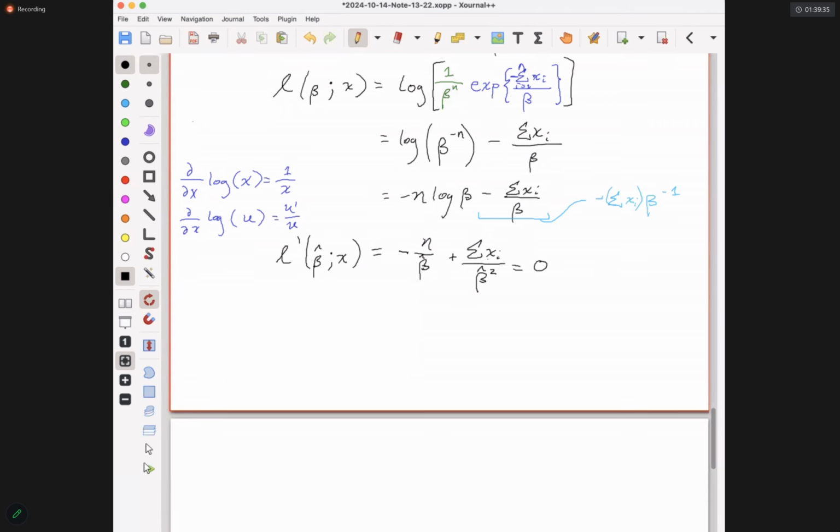And so we can add n over beta hat to both sides. And this gives us, write it this way, n over beta hat is equal to the sum of xi over beta hat squared. Does that make sense so far?